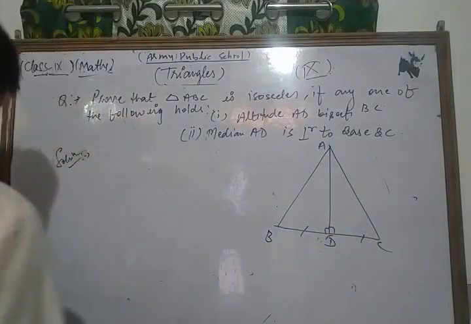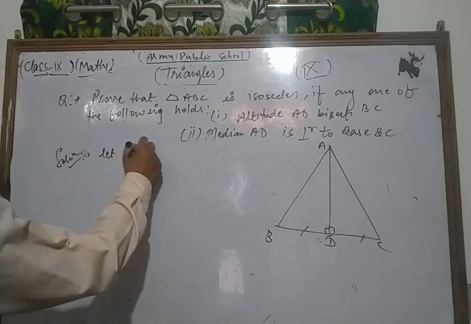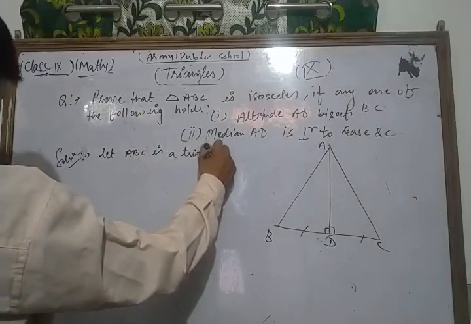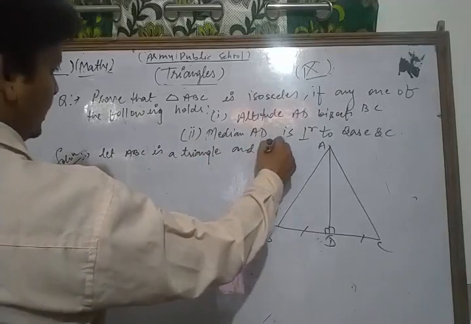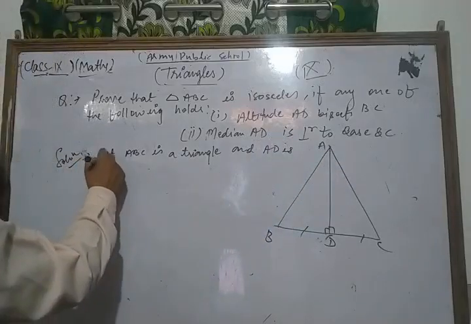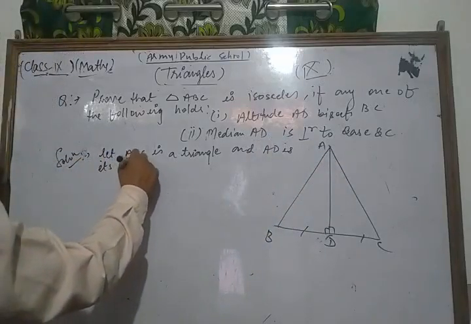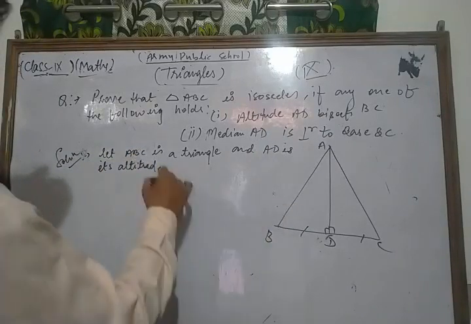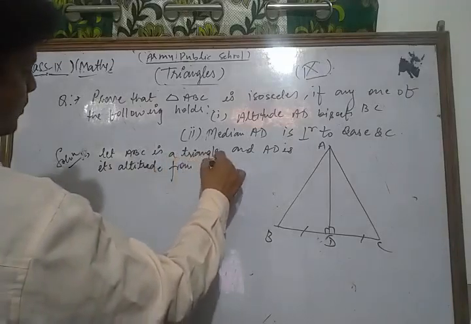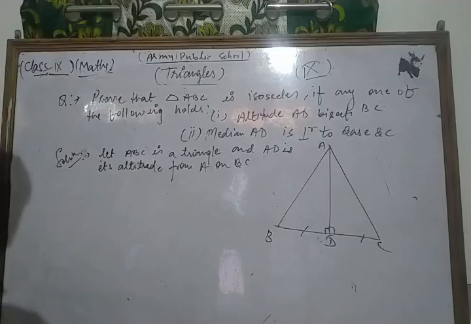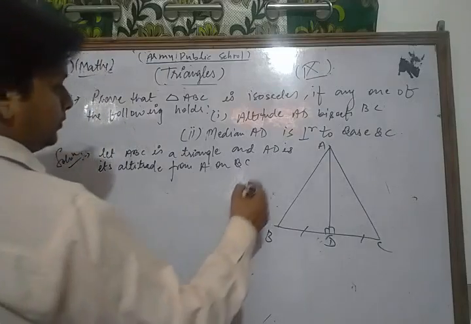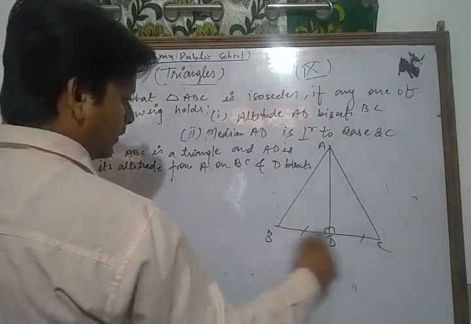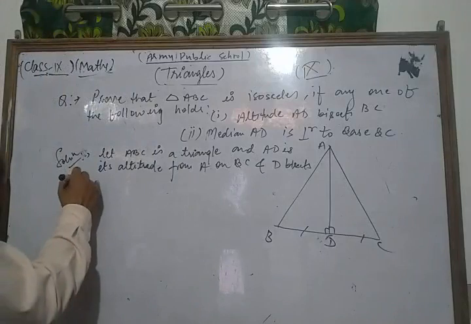So now let ABC be a triangle and AD is its altitude from A on BC, and D bisects BC.